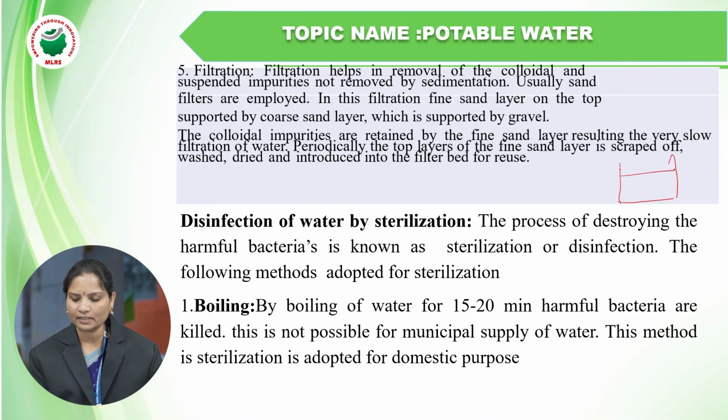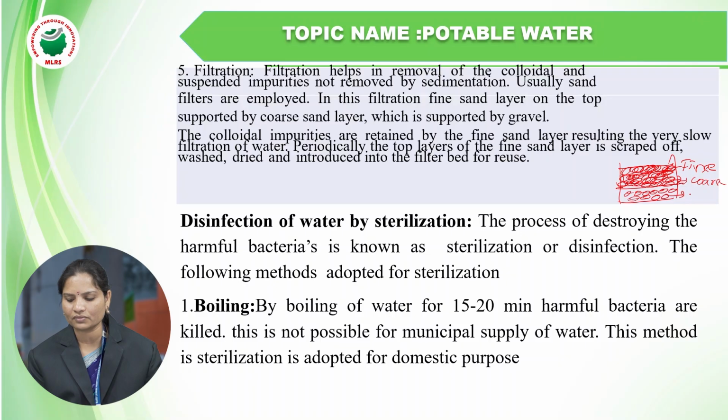In the fine sand layer, all the fine particles will be present, and the second is the coarse sand layer. This we call the fine sand layer, and this we call the coarse sand layer, followed by the gravel layer in the sand filtration tank.